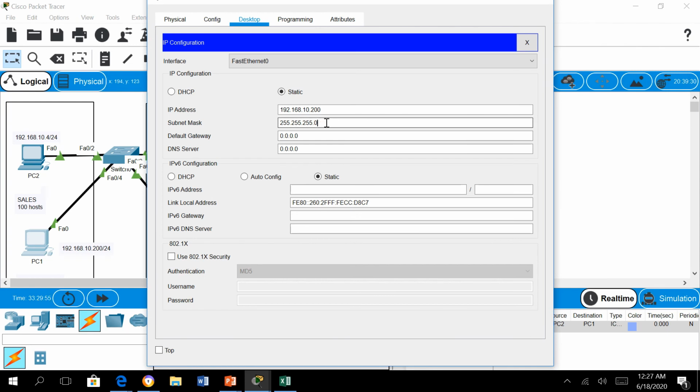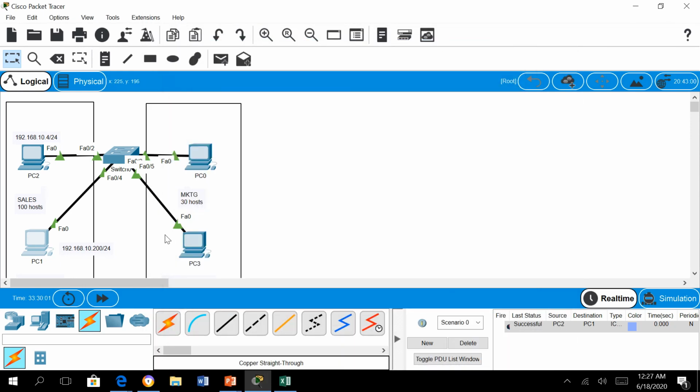I'll make this one 128 also. So now both are slash 25. I changed the subnet mask, and if you notice, they're not connecting anymore, right?